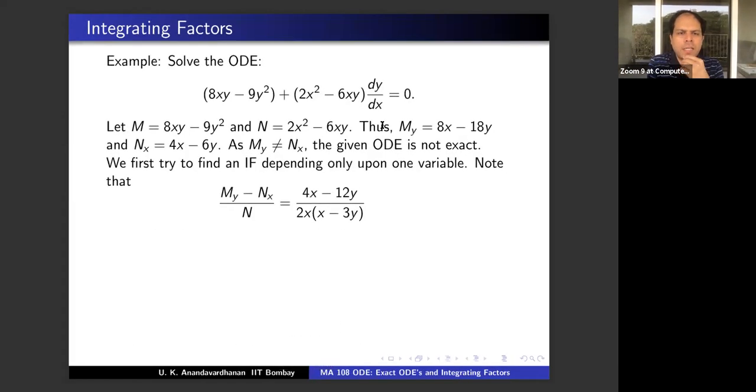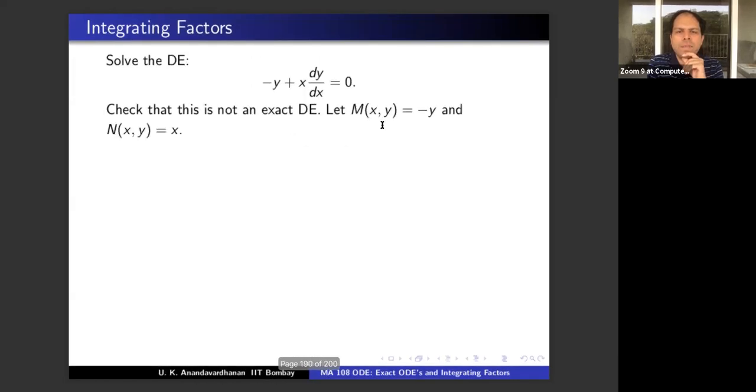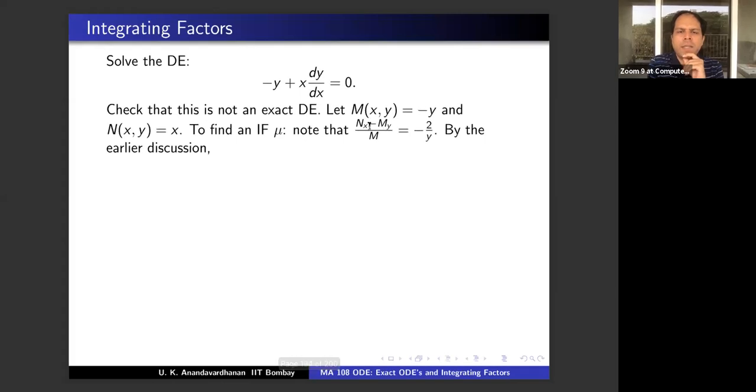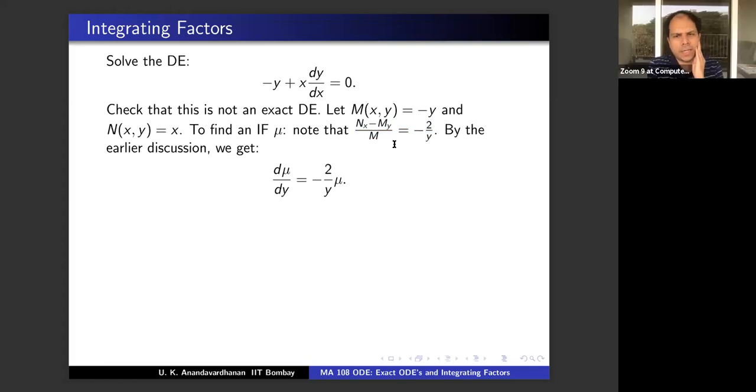(My minus Nx) by N, right? (My minus Nx) by N would be -2 by... Oh, that also works, no? -2 by x, that also would have worked. So by earlier, plus 2 by x, right? That also would have worked. You could have done it that way also.